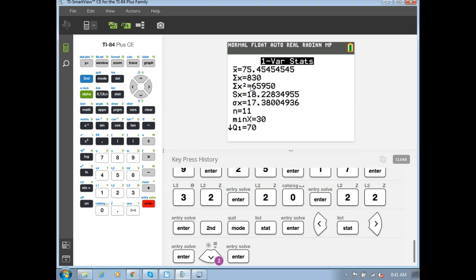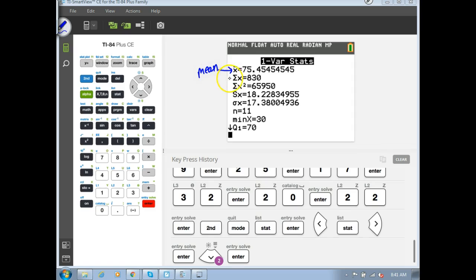So here's what all this means, and you might want to jot this down somewhere for your reference. When they ask you for the average or the mean, that is this guy right here. This is the mean. X bar is how they sometimes call that out in a stats class, but it's the mean. It's the average of your data values. This weird looking thing looks like a capital E. It's actually a capital sigma.